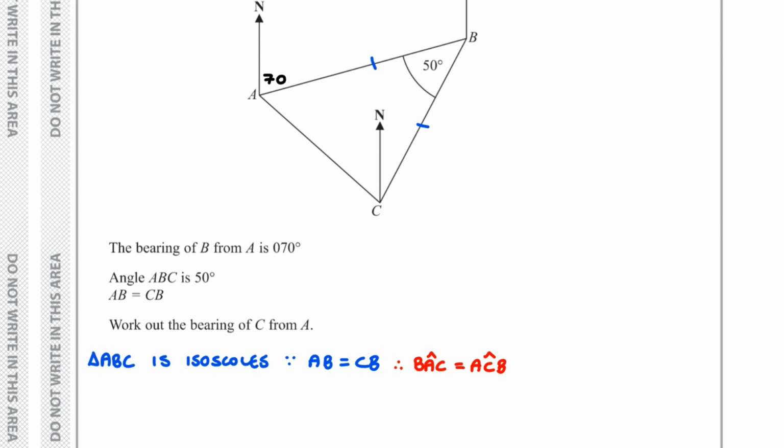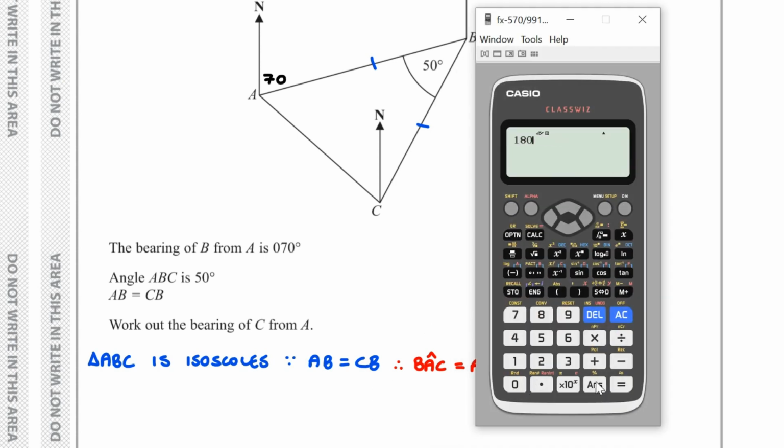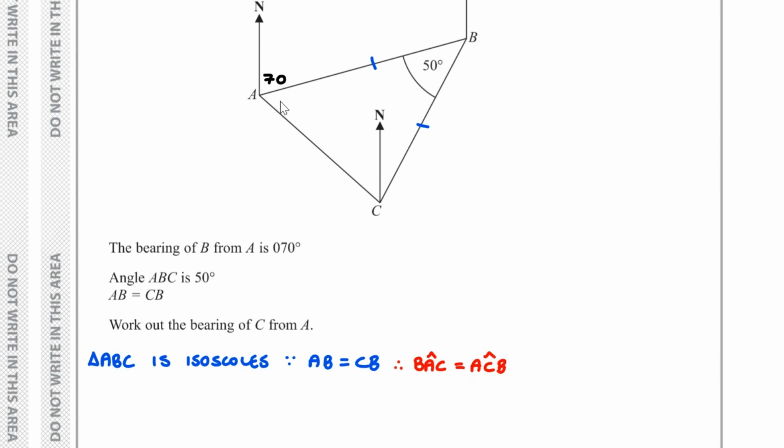And if we work this out, 180 take away 50 divided by 2 is 65. So this angle here is 65. This angle here is also 65. So let's show that here we've got 65 degrees, and here we've got 65 degrees. Of course, here we've still got the 70 degrees.